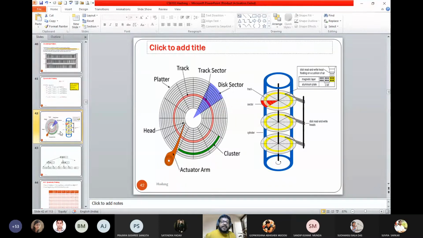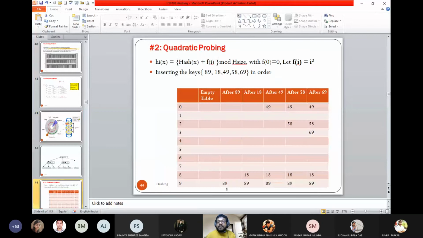We are discussing only the primary key 89, but along with 89, I have to store the address. That address is stored along with the key number, so that if you are searching for 89, you will come to location 9 in the index table, and from 89 you pick up the address and go to that location to read the information.